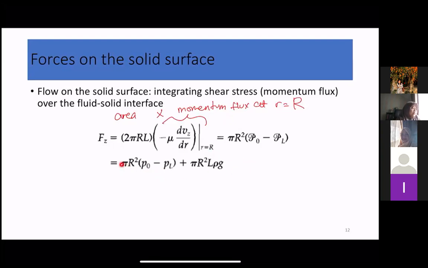So these are the forces on the solid surface caused by the shear stress between the fluid and the solid surface. Right, so that is the end of the slide.